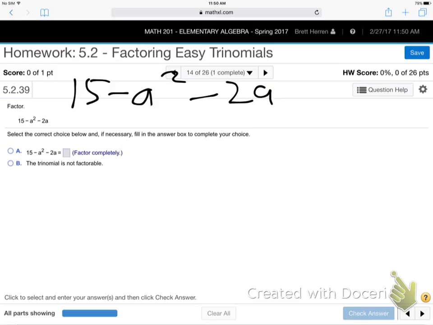It doesn't matter which order you do the steps in.